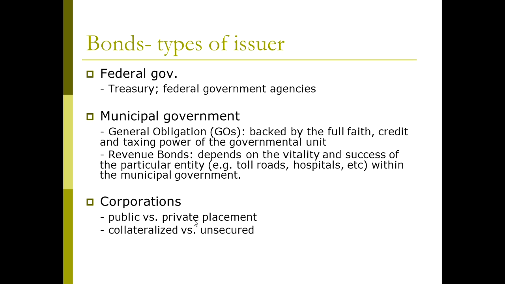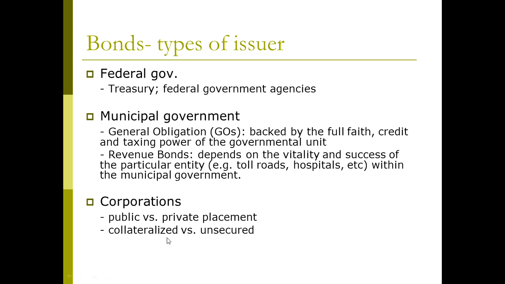Corporate bonds can be collateralized or unsecured. Collateralized means they have properties as collateral. Unsecured means there is no collateral. For example, if a hotel wants to issue corporate bonds, they can use the hotel building as the collateral.